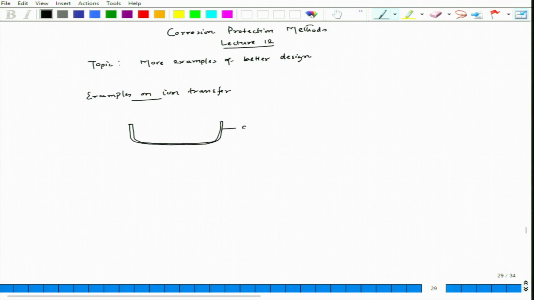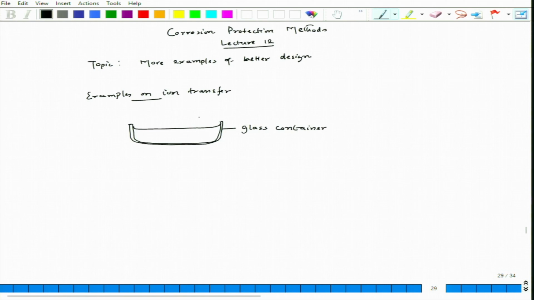This is a glass container, and here we have the electrolyte, say an aqueous solution, and let us say it is a salt water solution.